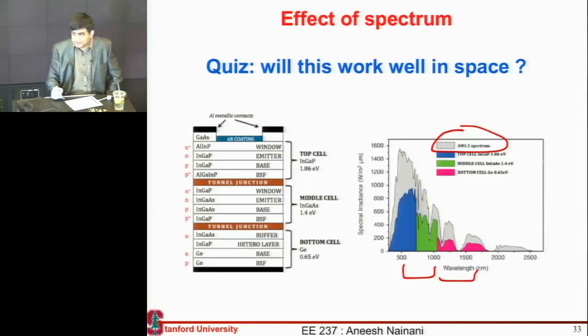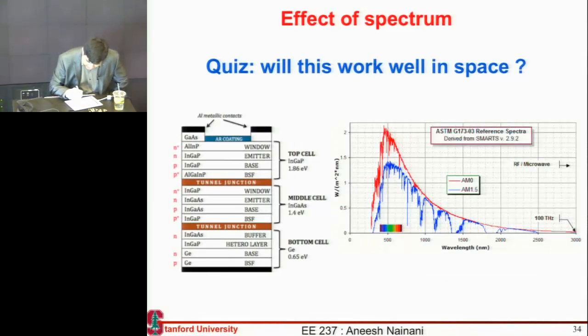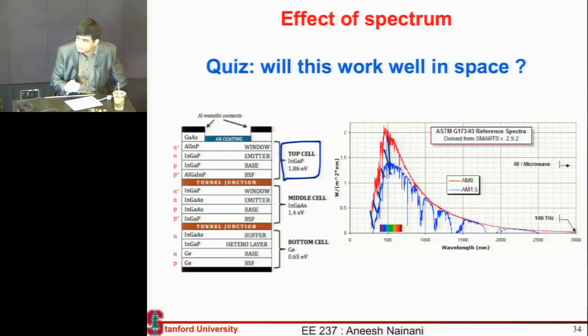Why? Yeah, so essentially, the atmosphere shaves off a lot of this spectrum which is located in the ultraviolet and in the blue part of the spectrum, right? So suddenly this cell, especially this top cell which I had optimized for absorbing this blue light, it now becomes saturated because now there are too many of these blue photons available.